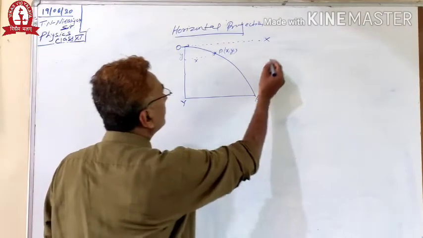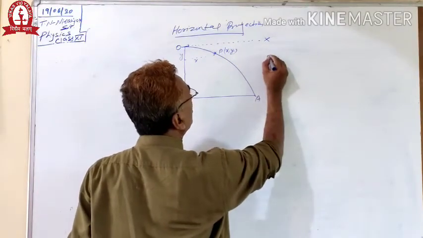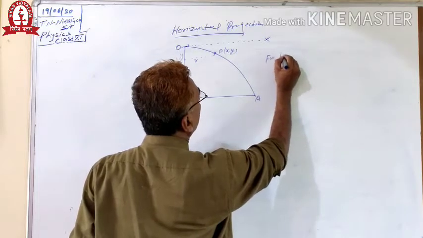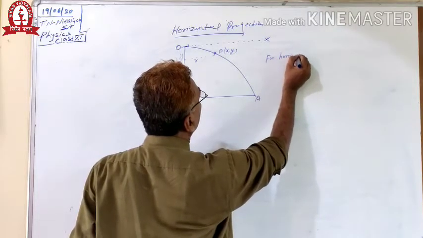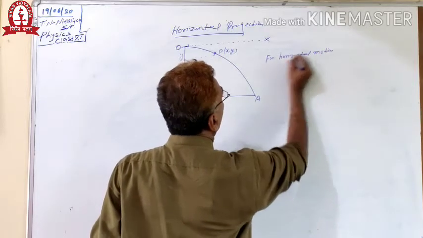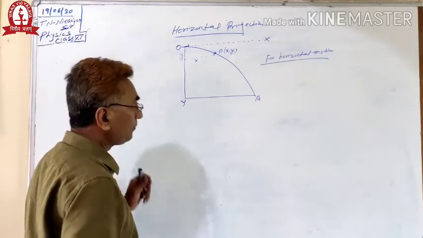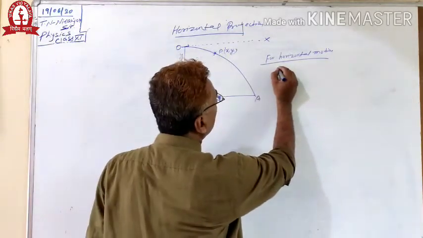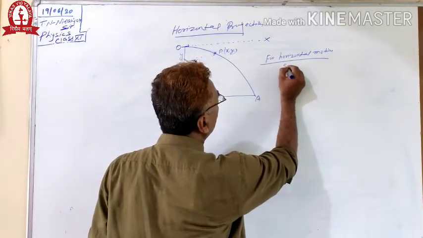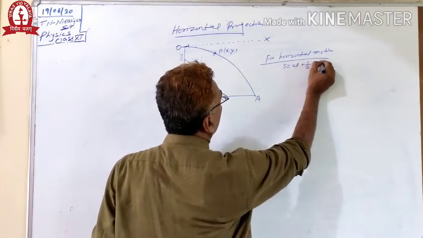First of all, consider horizontal motion. For horizontal motion, the distance covered is x. I am applying the formula S = ut + (1/2)at².